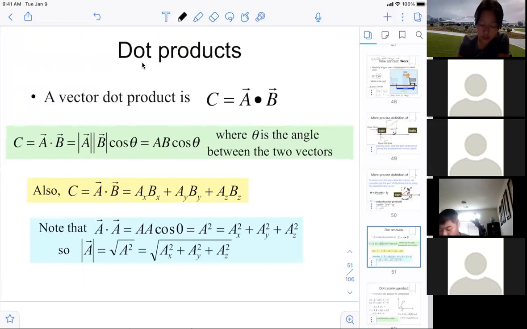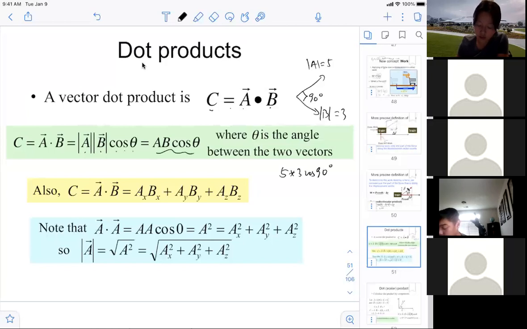A vector dot product is, for example, C equals A dot B. How do you calculate this dot product? You can use the magnitude of A times the magnitude of B times cosine of the angle between A and B. For example, if A is here and B is here, and they have a 90-degree angle between them, and A has a magnitude of 5 and B has a magnitude of 3, then you do 5 times 3 times cosine of 90 degrees.